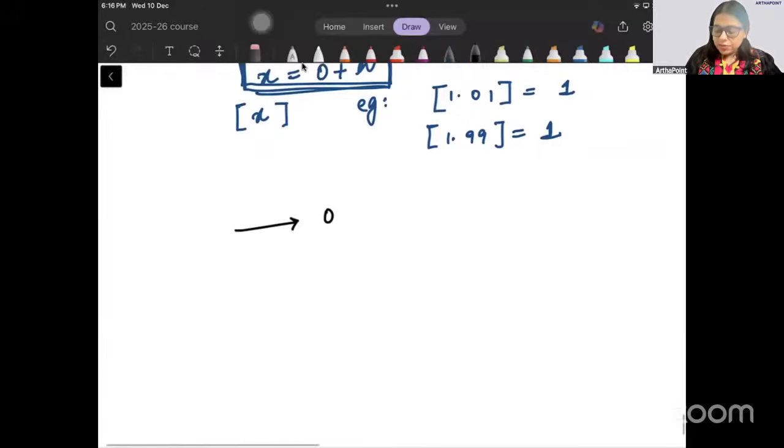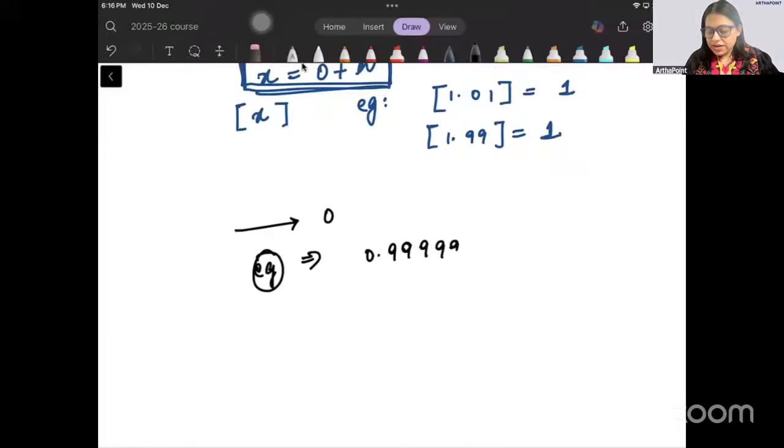For example, very close to 0 but less than 0 will mean -0.99999, or even -0.00001. Any value close enough to 0, but with a negative sign.